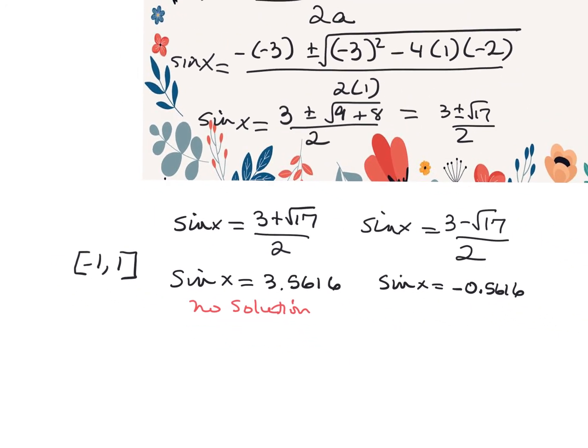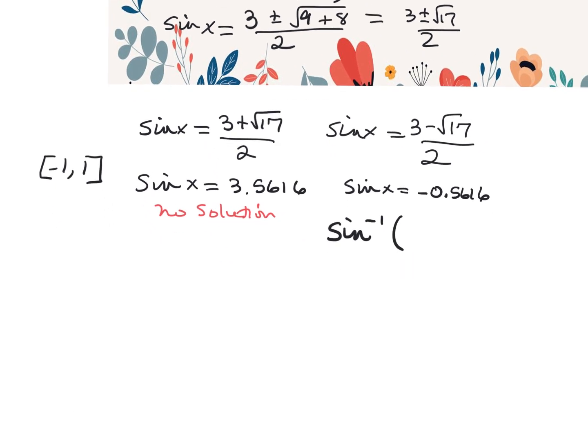We're looking for an angle measure. So this is where we use our inverse. So we're going to be on our calculator doing sine inverse. Now, remember what we're looking for are angles from the quadrants. From the calculator, we're going to get the reference angle.